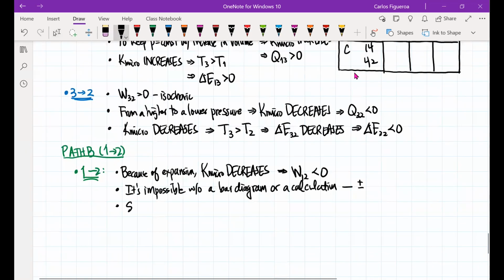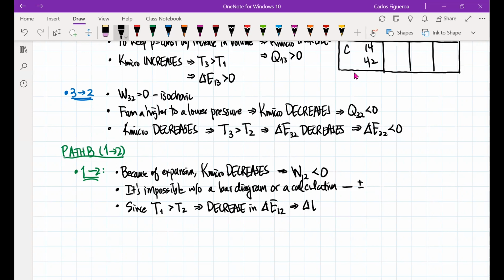So since T1 is greater than T2, that implies that there's a decrease in change in internal energy from 1 to 2. So that, of course, tells us that is a negative sign.